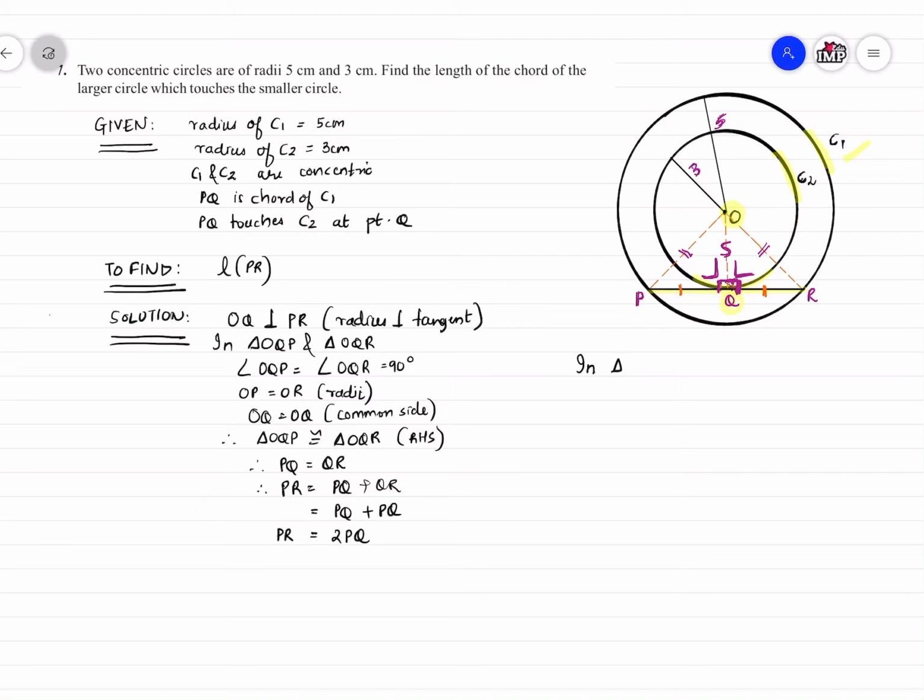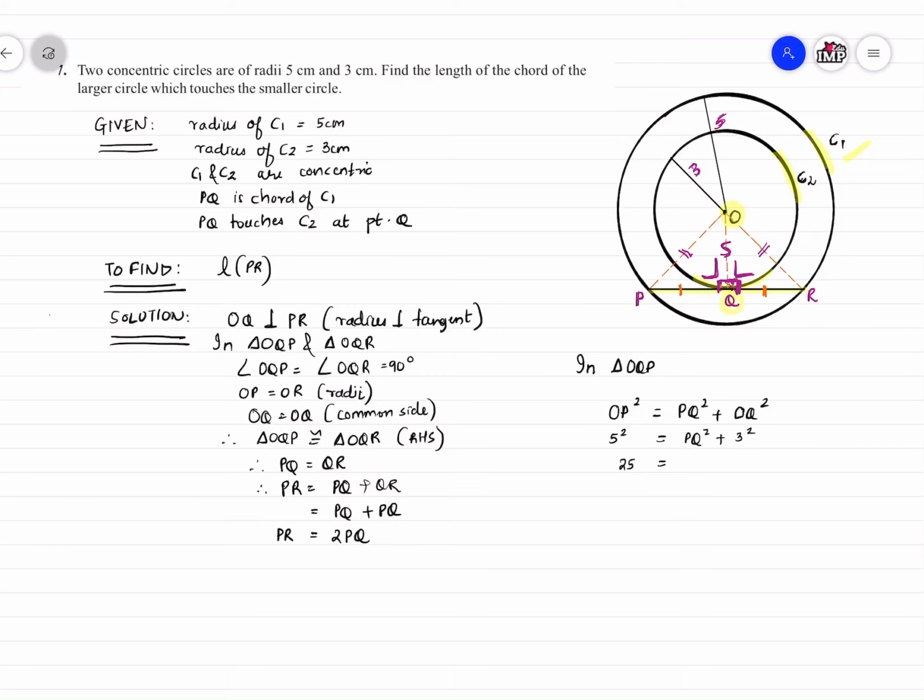In triangle OQP, we can apply the Pythagoras theorem since it is a right angle triangle. So OP is the hypotenuse. It is equal to PQ square plus OQ square. Now let's substitute the values. I know this is 5 square. I have to find PQ square, and this is 3 square.